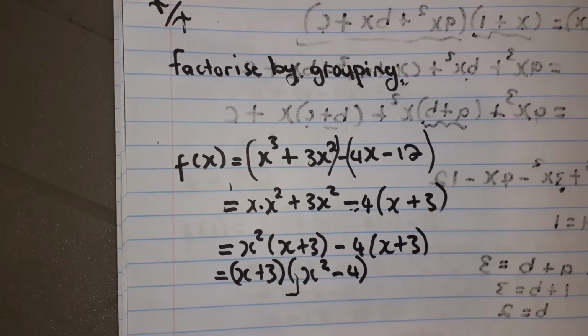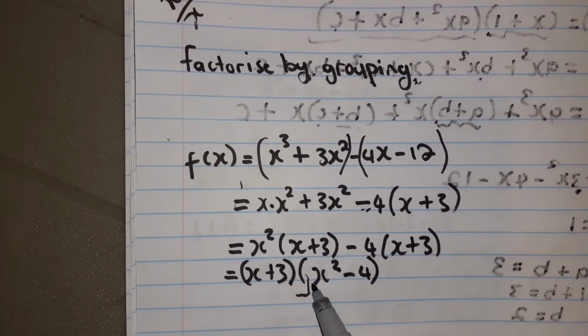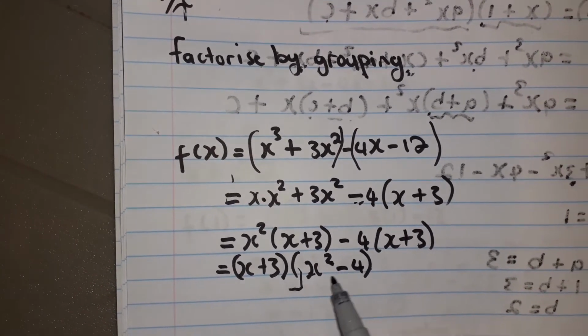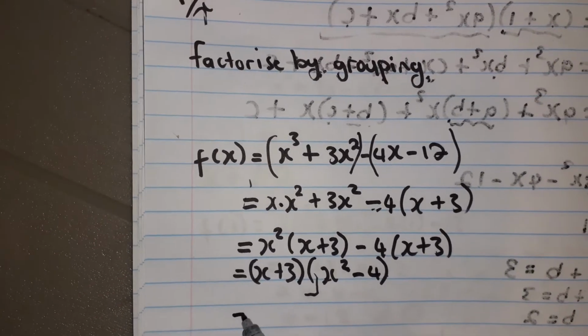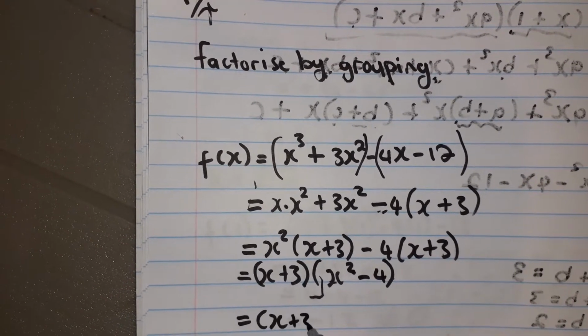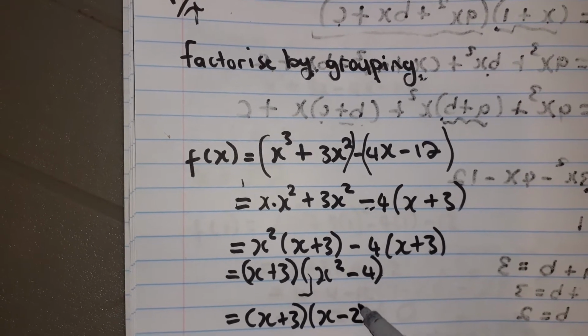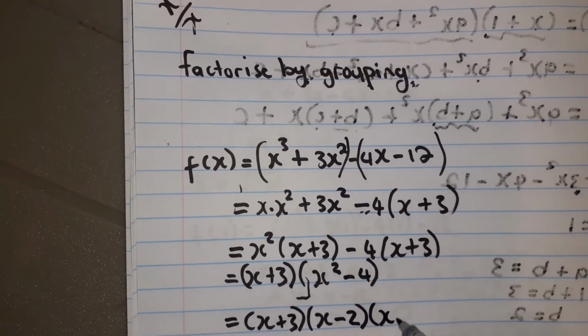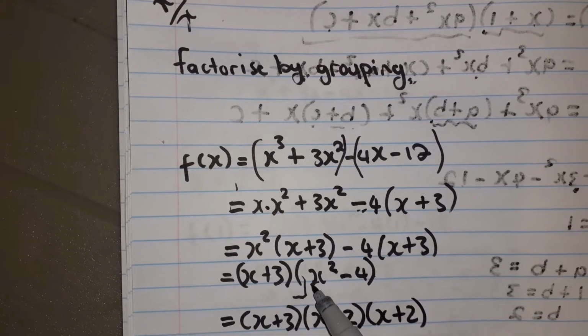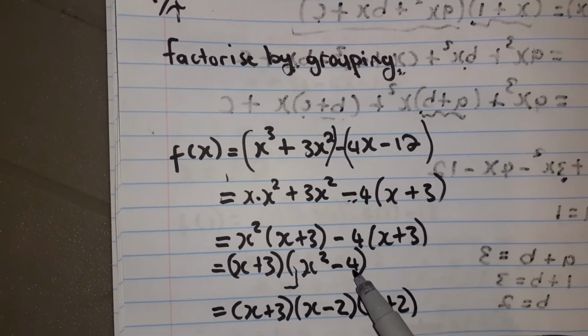Then we factorize the brackets further if possible. You can factorize this even further. Keep doing this. This is the difference of two squares.